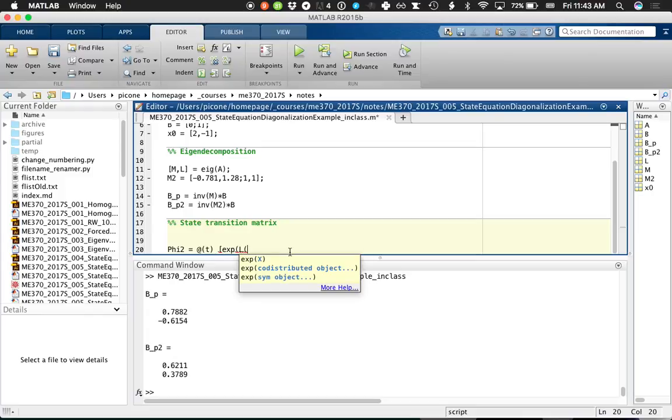Lambda 1 in this case is L of 1 comma 1, the 1, 1 entry, times t, 0, and then 0, and then exp of L 2, 2 times t.